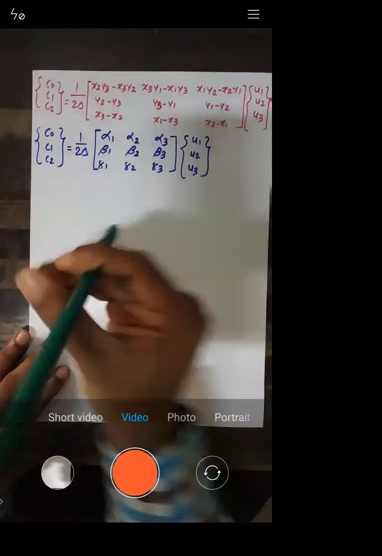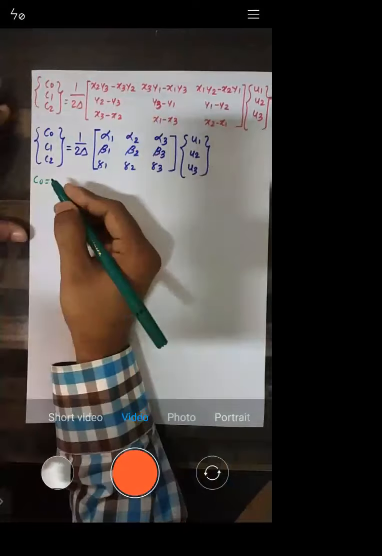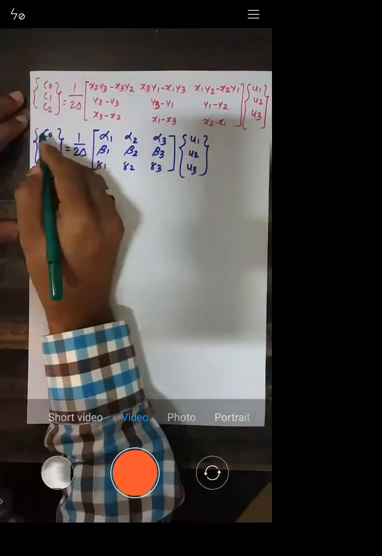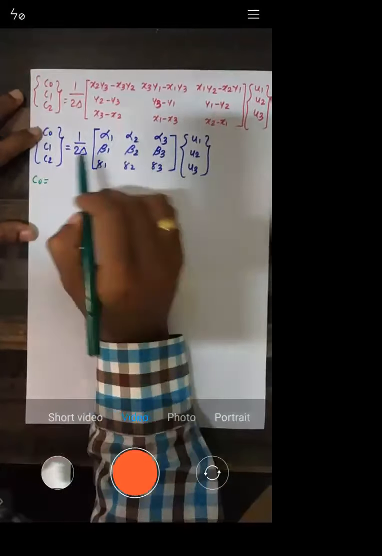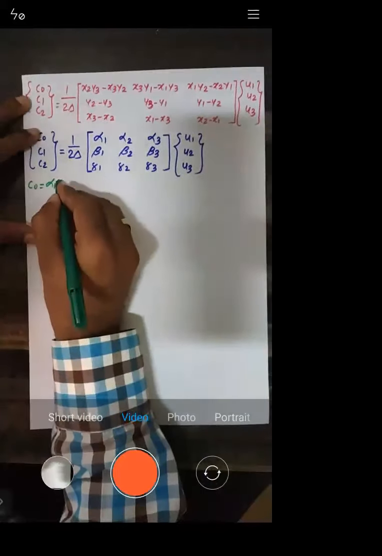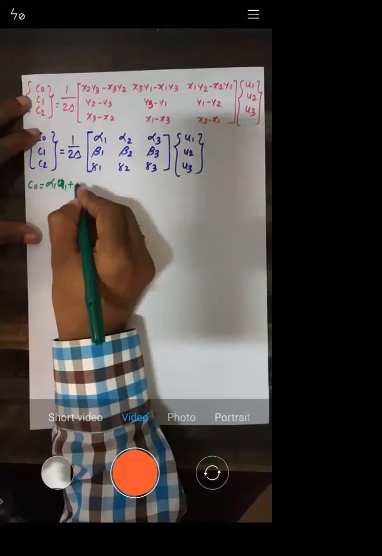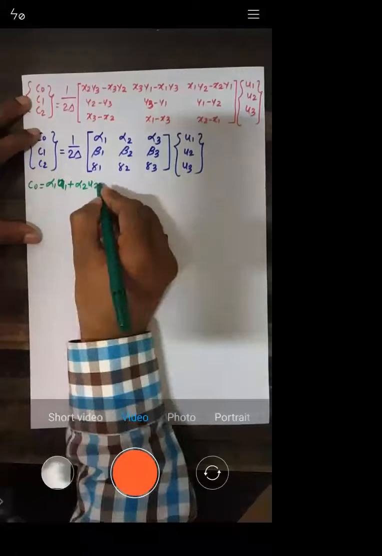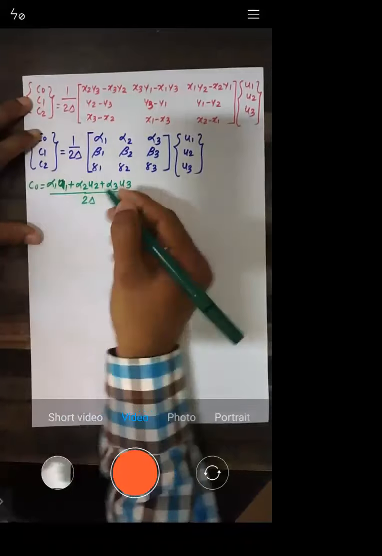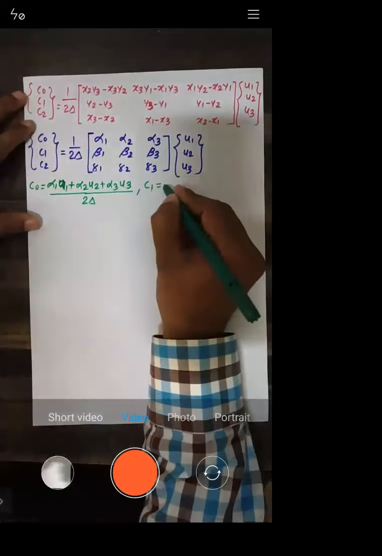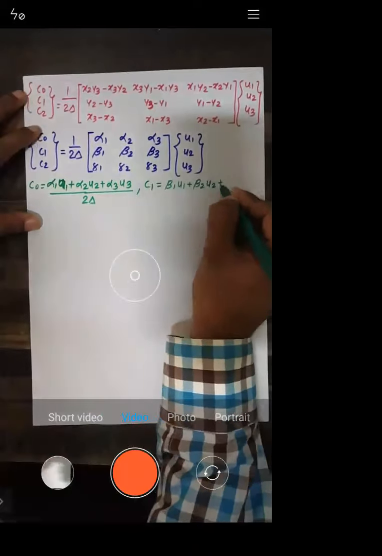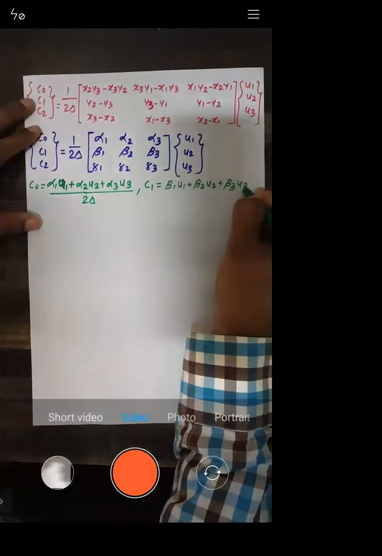The value of C0 is given by alpha 1 into U1 plus alpha 2 into U2 plus alpha 3 into U3 divided by 2 delta. C1 is given by beta 1 into U1 plus beta 2 into U2 plus beta 3 into U3 divided by 2 delta.